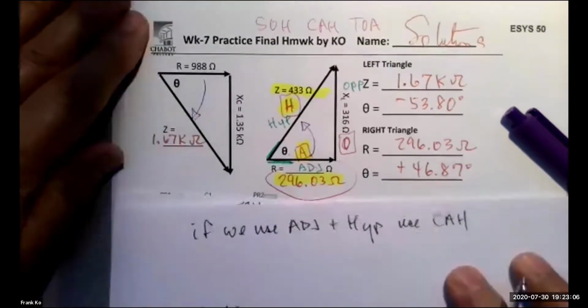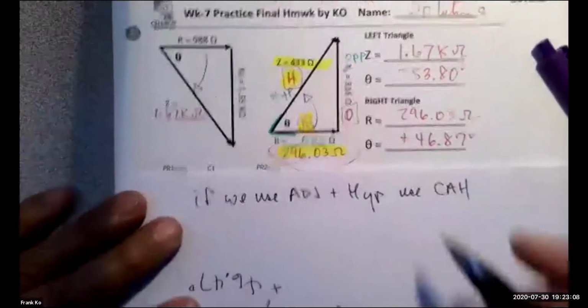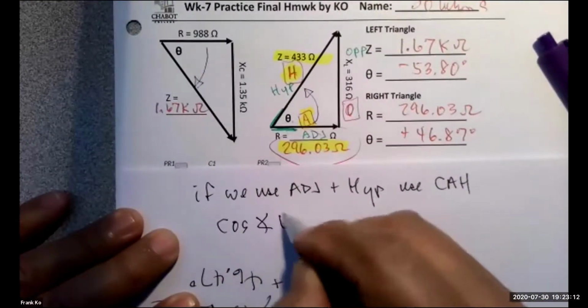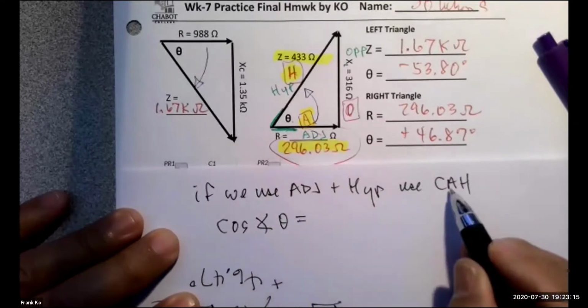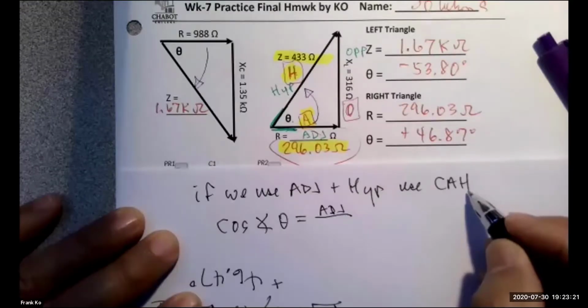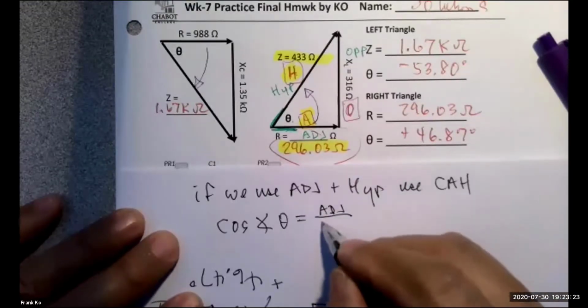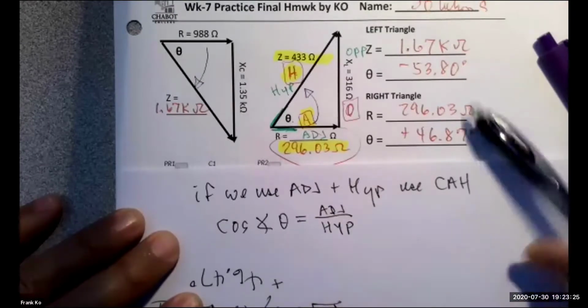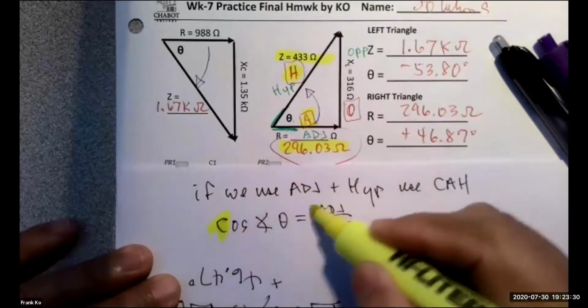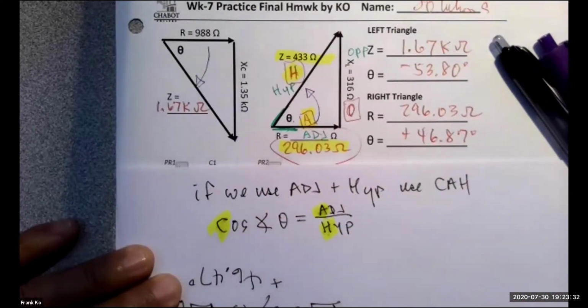And if we're going to use CAH, watch how this works. CAH says what? The cosine of angle theta is equal to A over H. A stands for adjacent, so adjacent goes in the numerator. H stands for hypotenuse, and that goes in the denominator. So now has that evidenced a C, an A, and an H? So far, so good? Yep.